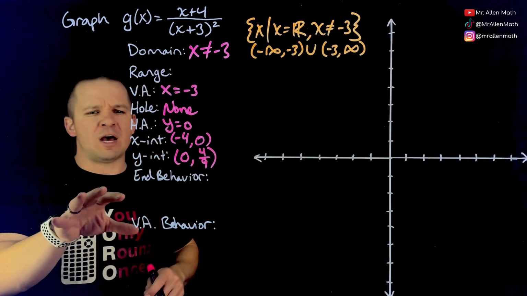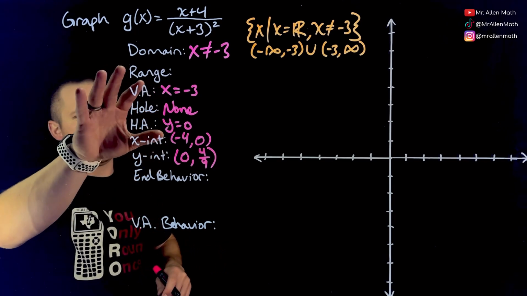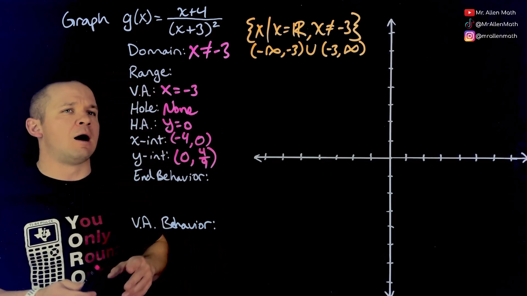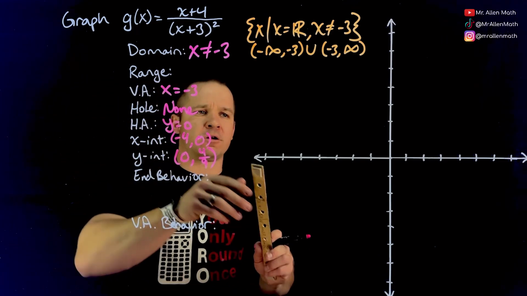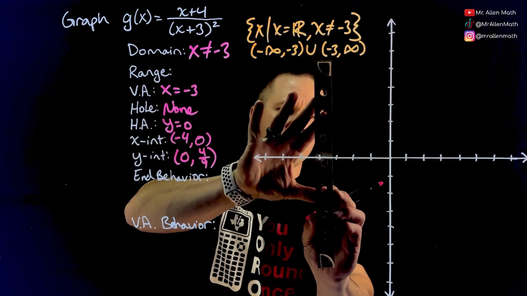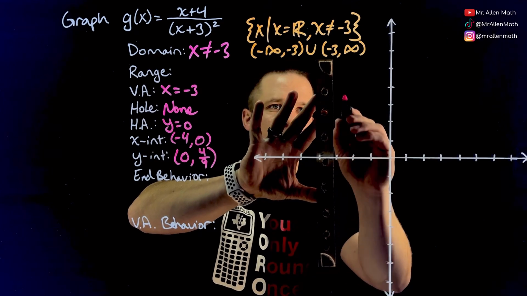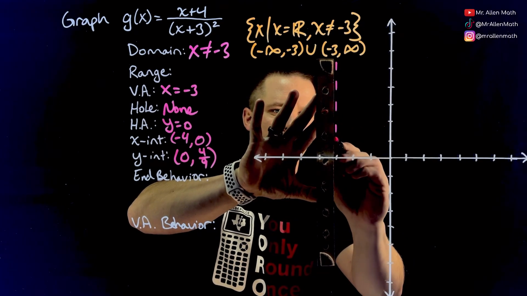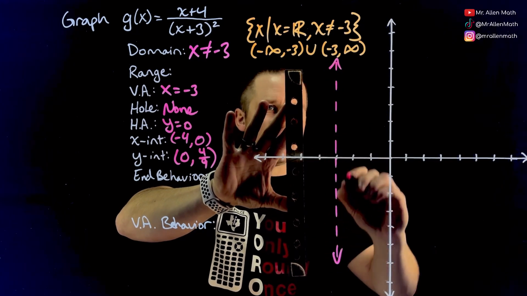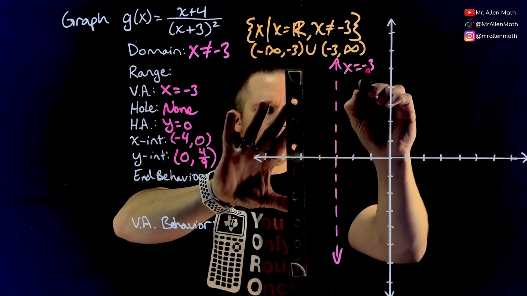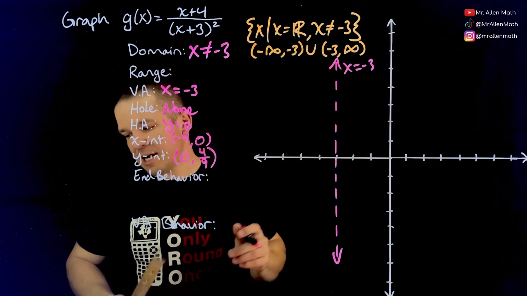All right, we'll do end behavior, vertical asymptote behavior, and range once we have the graph, okay? But let's plot some of these things. I'll use the pink, I guess, still. Vertical asymptote, x equals -3. And I like to put a label on that to say, hey, it's x equals -3.